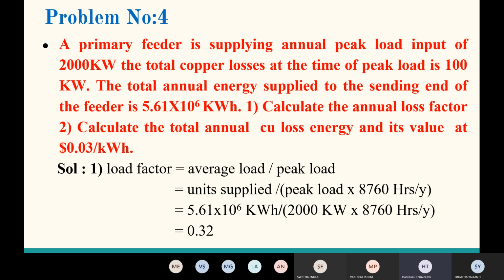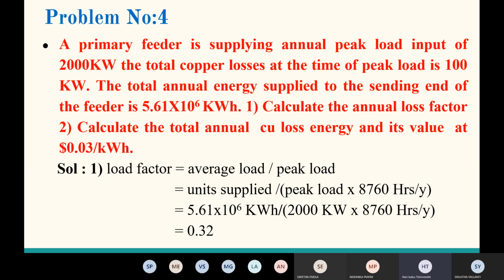The annual energy supplied to the sending end, that is the number of units supplied, is 5.61 into 10 power 6 kilowatt hour. Calculate the loss factor, same as the before problem.